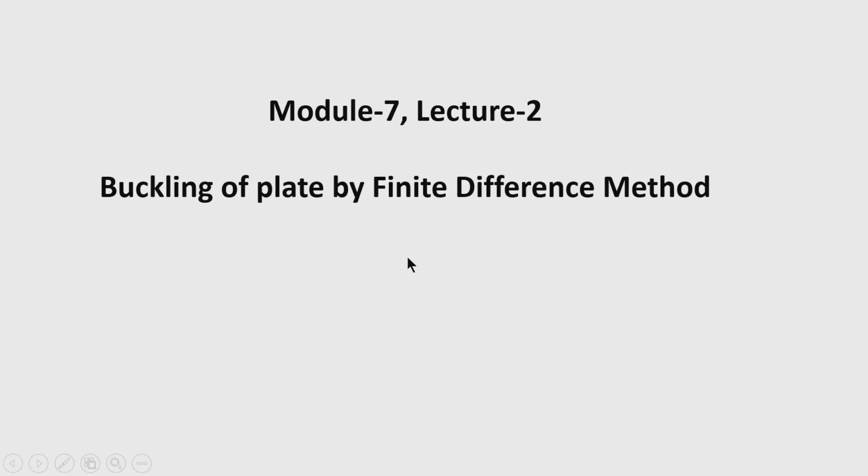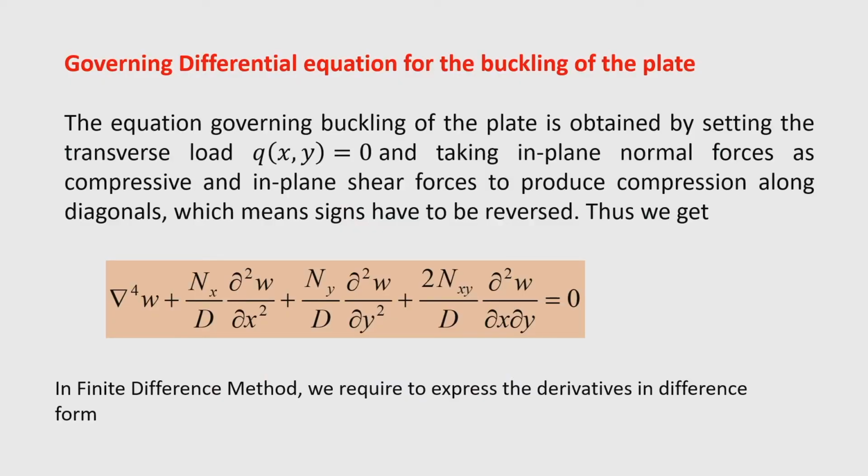So, for a non-trivial solution we will get a characteristic equation to find the critical value of the load, or in discrete form we actually convert this to a standard eigenvalue problem and then we solve for the eigenvalues. Okay. Now, let us see the differential equation.